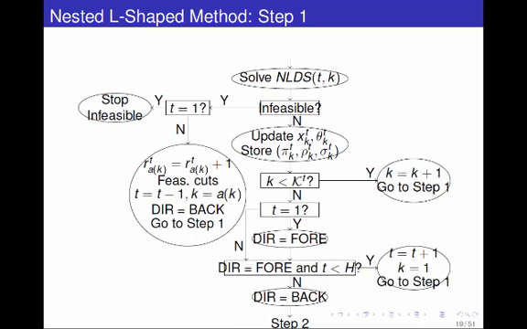So switch directions and generate a feasibility cut over here. That's the three last instructions here. So move to the previous time period, the ancestor scenario, and change your direction. You were moving forward, but now you'll have to move back because this infeasibility cut will have to propagate back to earlier stages of the tree.